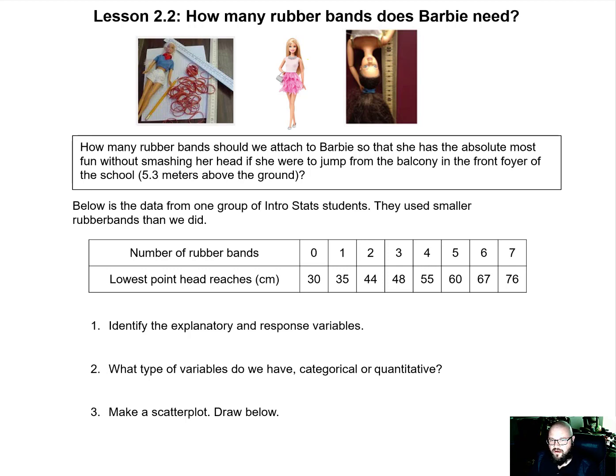Sorry. Alright, so now we identify the explanatory and response variables. So with this, think about it. What explains the response and what is the actual response? Well, hopefully you can see that our response is how low her head reaches.